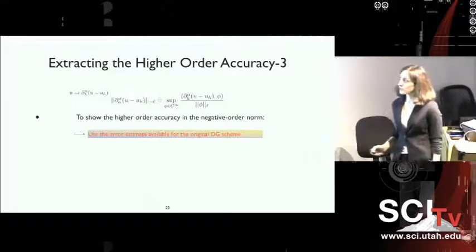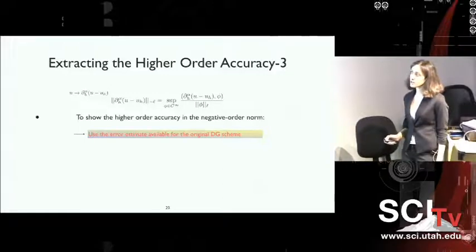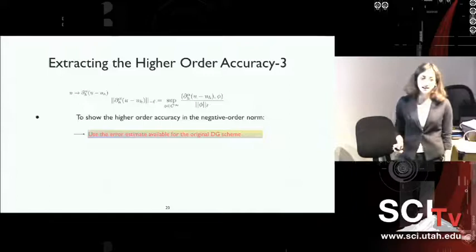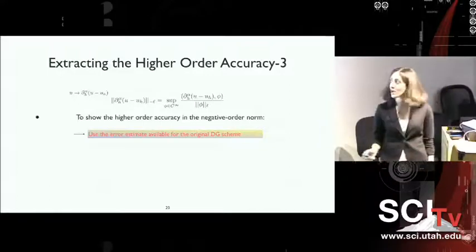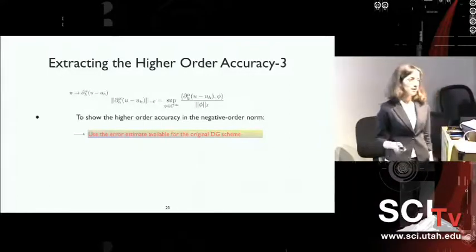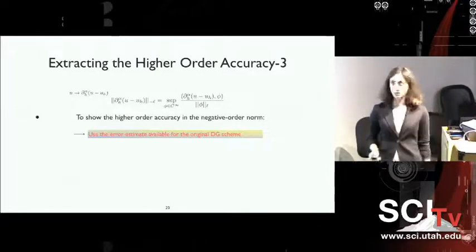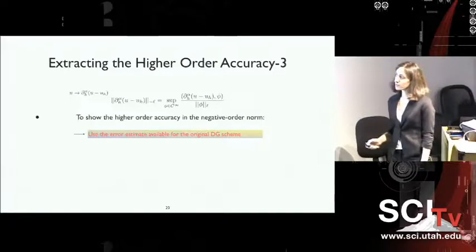Back to our theorem, if I replace U with the divided differences of the error, my negative order norm will be this. So if this is of higher order, this means that the supremum coefficient of the divided differences will decay faster in the negative order norm compared to the natural L2 norm.